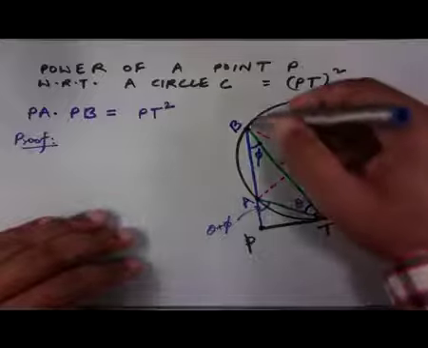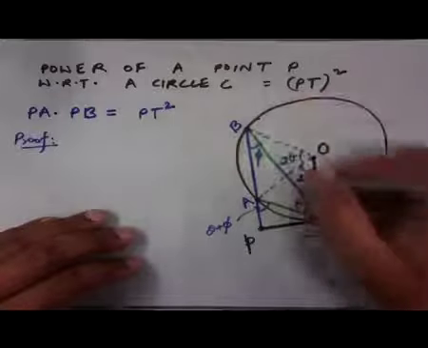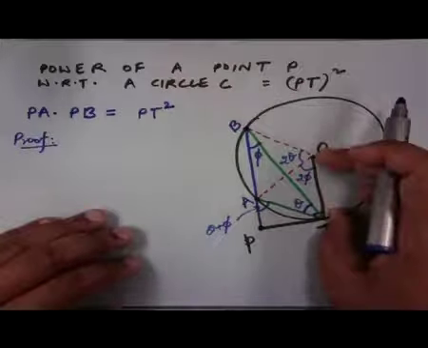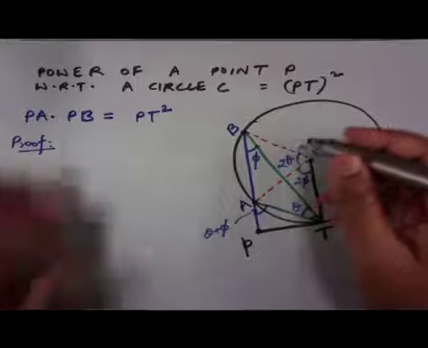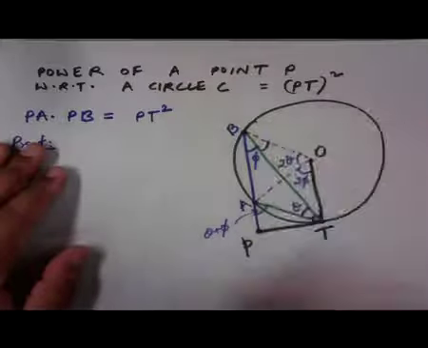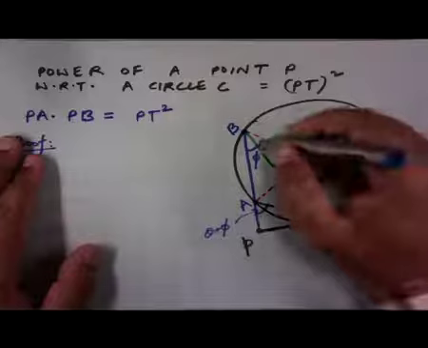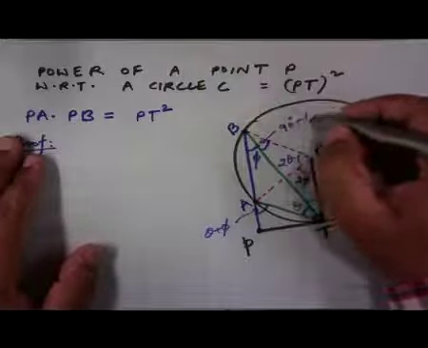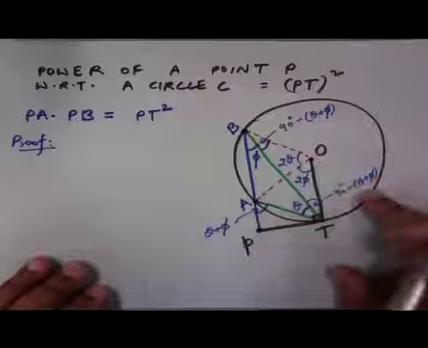Also, if we look at this triangle BOT, it is an isosceles triangle, because this length and this length are equal to the radius of this circle, and therefore, this and this angle are equal, and they are equal to 90° minus theta plus phi.